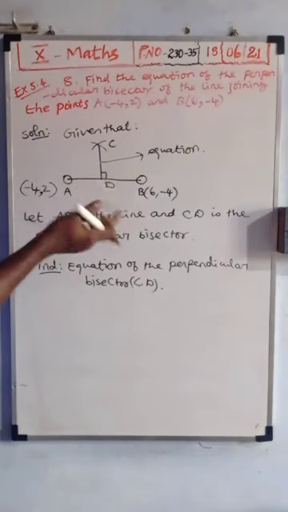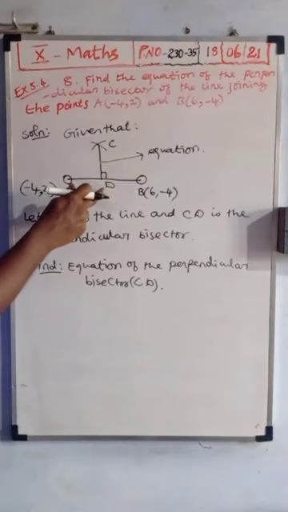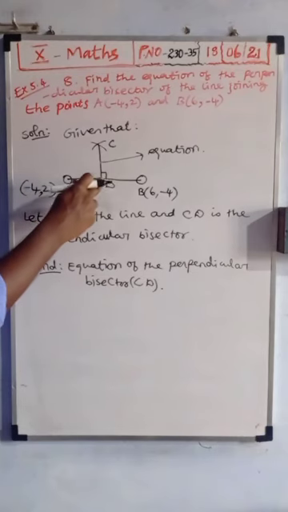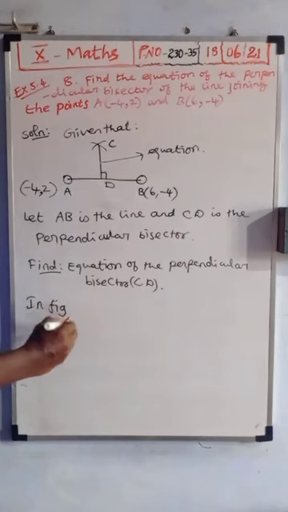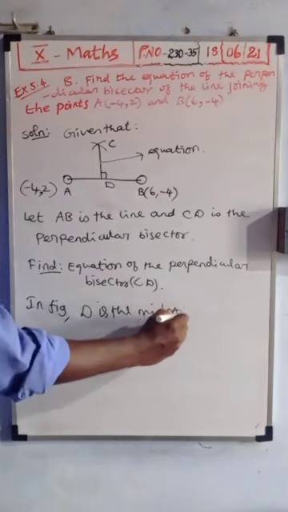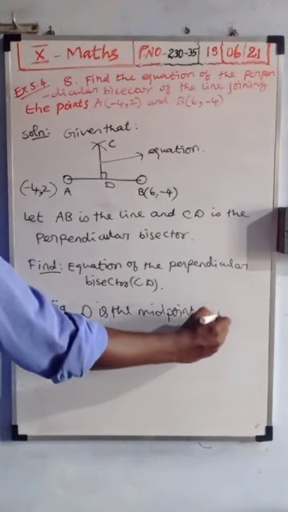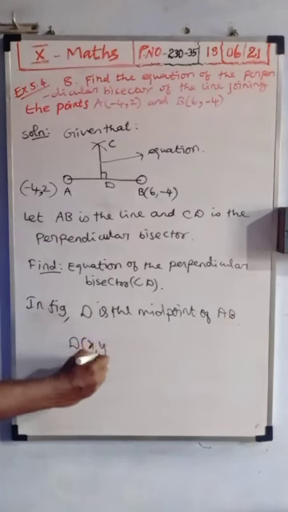Slope also is not there, one point also is not there, but here we can easily find D, because while drawing the perpendicular bisector it will intersect at the middle. Then D is the midpoint, or else you write here in the figure, D is the midpoint of AB.